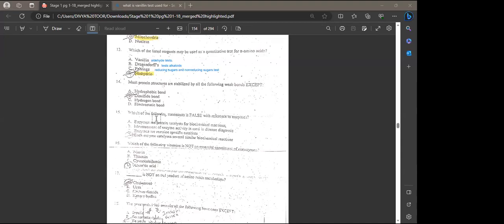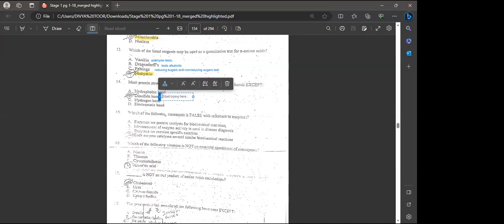Yeah, I think some hydrogen bonds are. But it's asking for most protein structures stabilized by the following weak bonds except. I'm seeing here that when you break the disulfide bond, irreversible protein denaturation occurs.